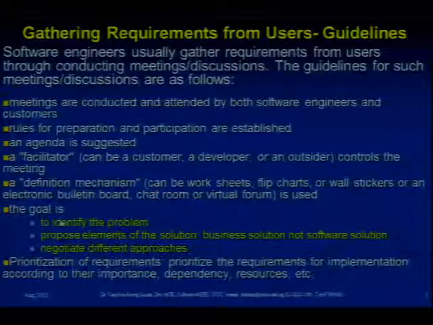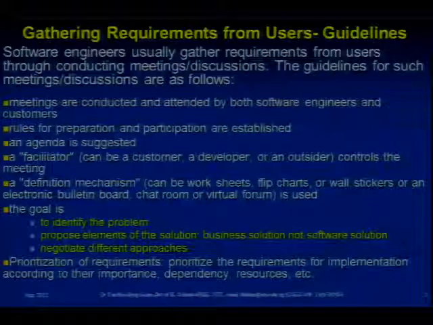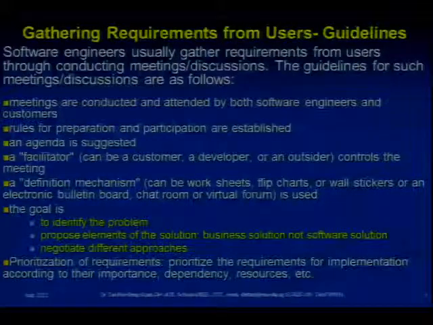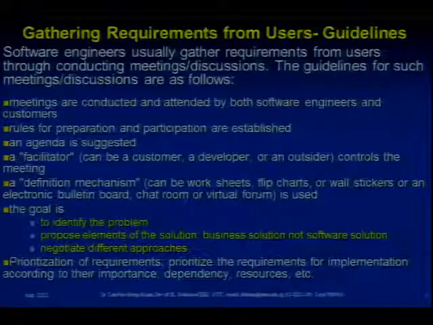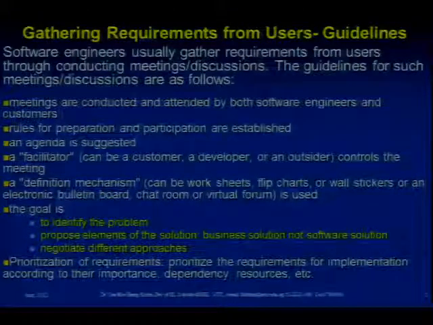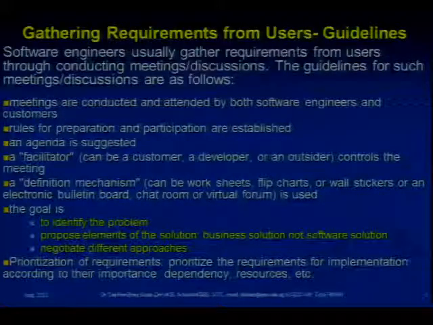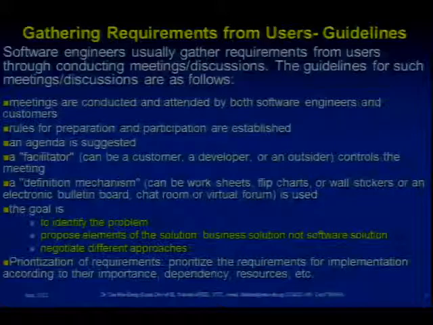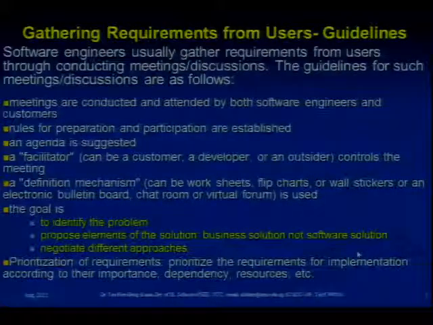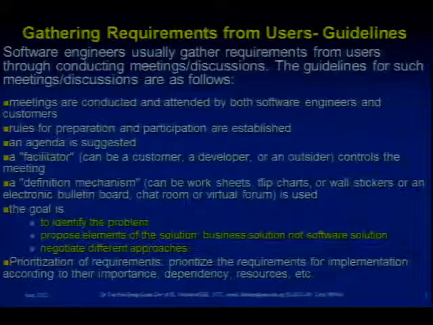The objective of requirement gathering is to identify the problem that your project will help to resolve, the problem the system you are going to develop will help to resolve, and to propose elements of a solution. During requirement gathering, we should propose a solution from the business viewpoint, a business solution, not how to implement it, in terms that the user can understand.